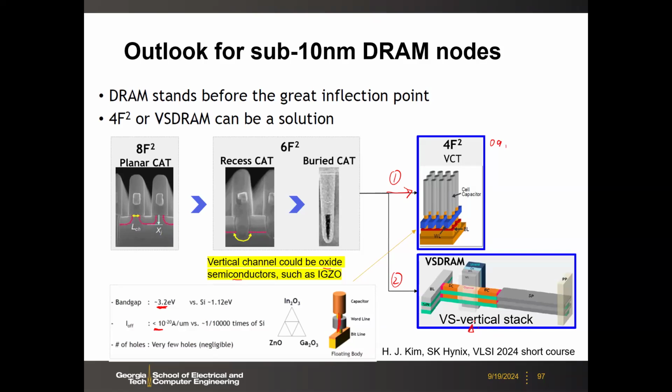This is at a very early stage. I will show you some results for this vertically stacked DRAM. This was a very new concept, and when I taught this course last time, this concept was not there. It was really just introduced in the last 2 years. Okay, so I will show you what this is.